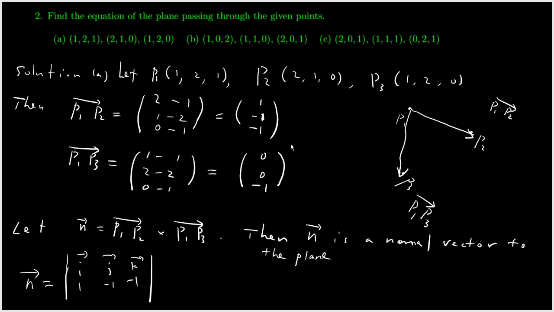And the third row has the components 0, 0, negative 1, which are the components of P1, P3, right?